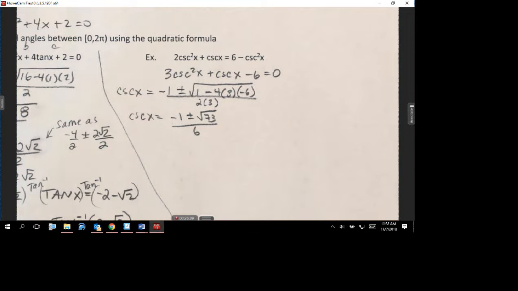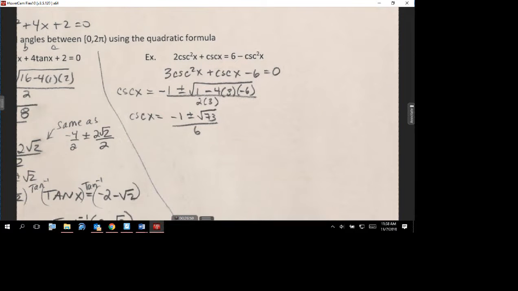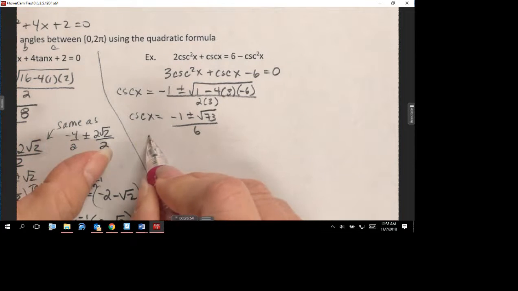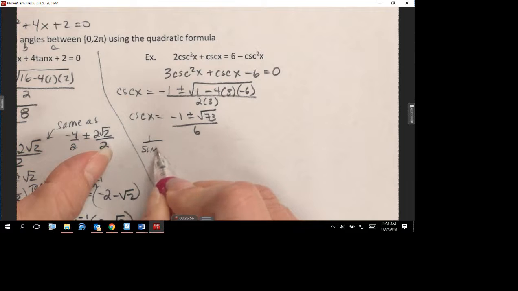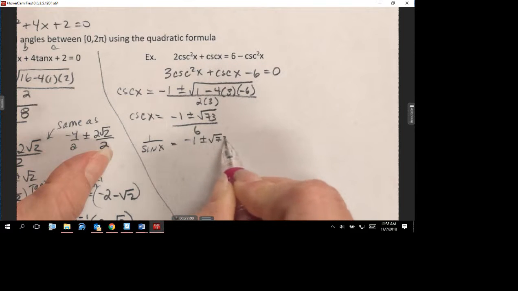So after simplifying, we get to -1 plus or minus square root of 73 all over 6. And then you say, where is my cosecant inverse button on the calculator? There isn't one. Okay, so maybe we make this into 1 over sine equals -1 plus or minus square root of 73 over 6.